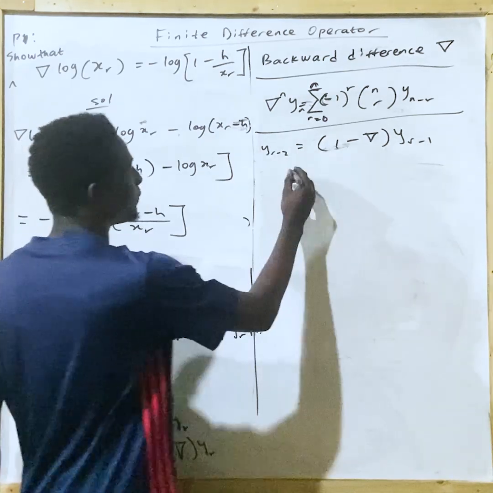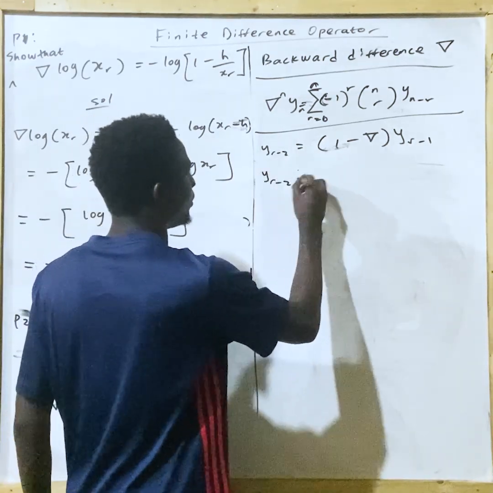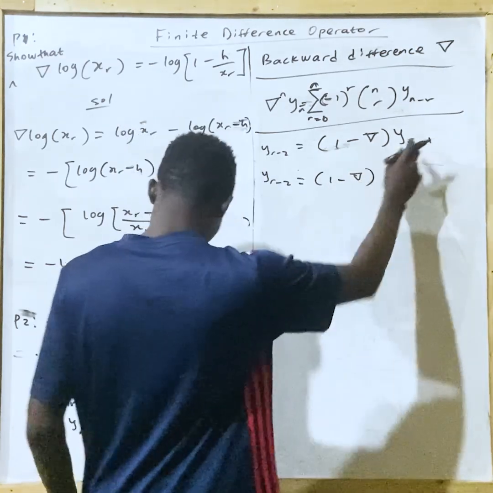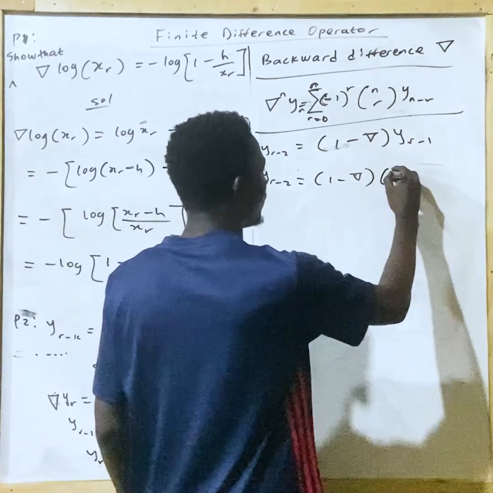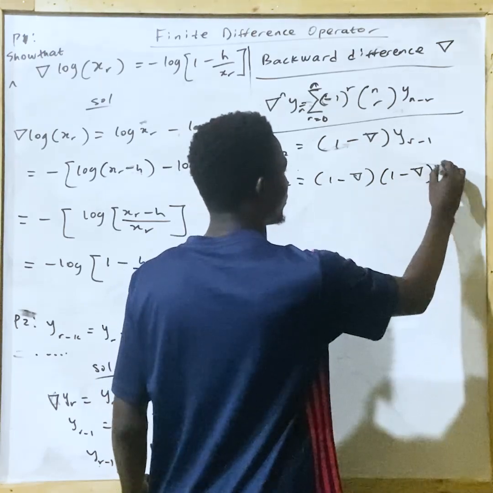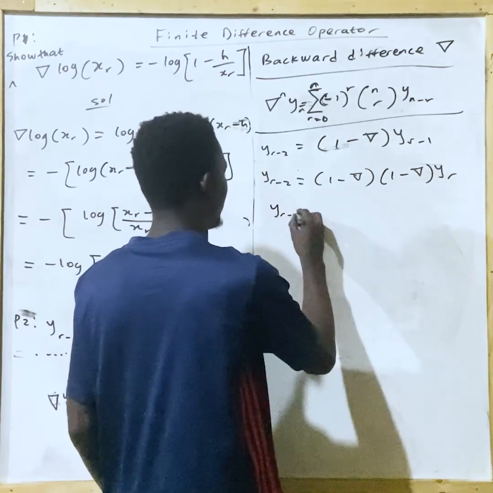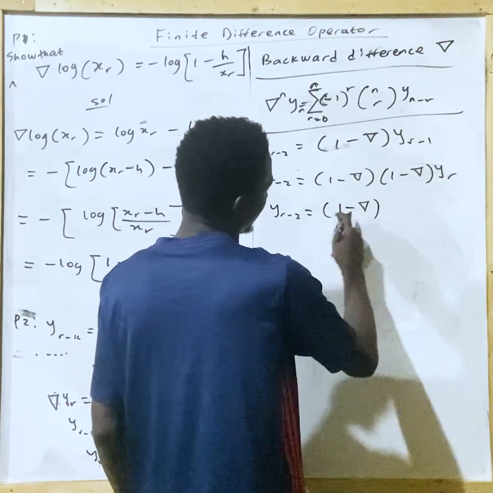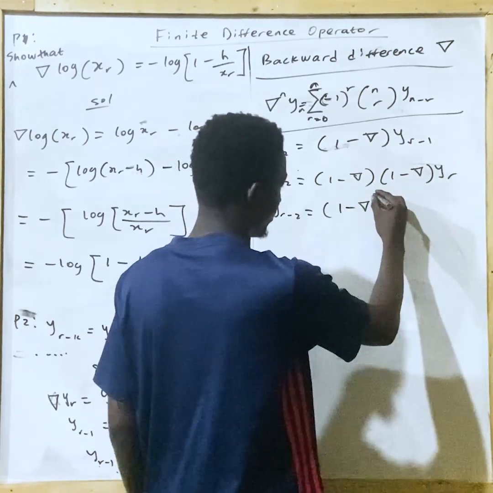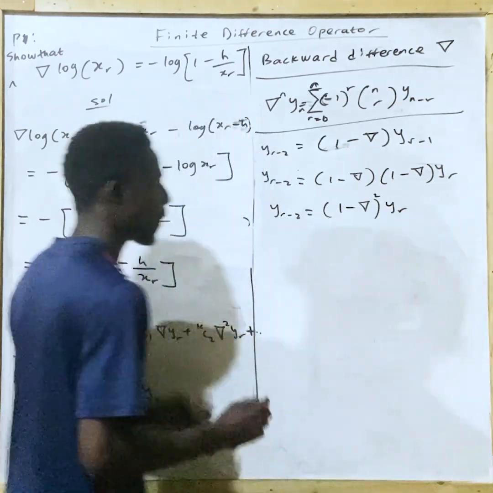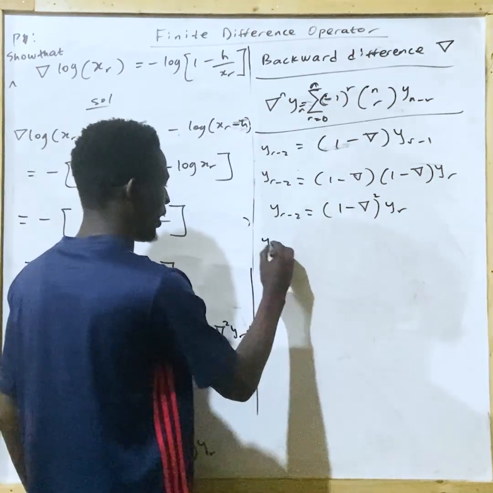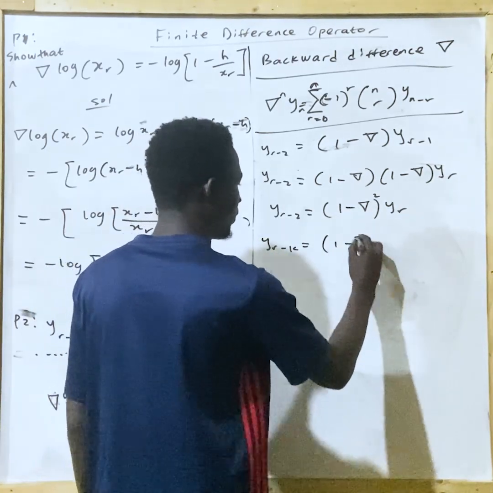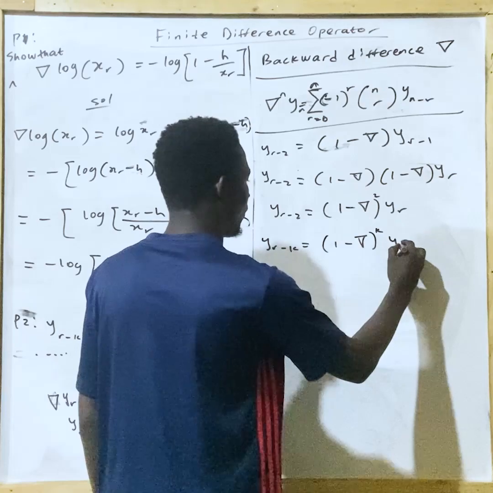So I have y_(r minus 2) equals 1 minus the backward difference of y_(r minus 1), which is 1 minus the backward difference all squared of y_r. So by pattern, y_(r minus k) is 1 minus the backward difference to the power k of y_r.